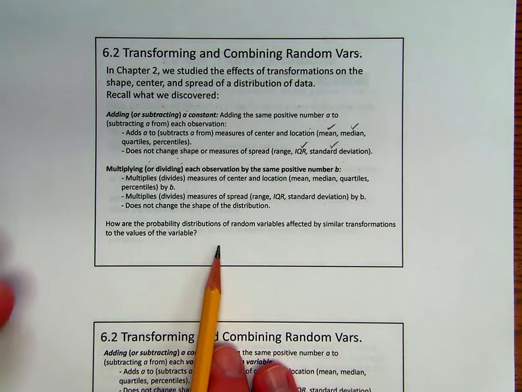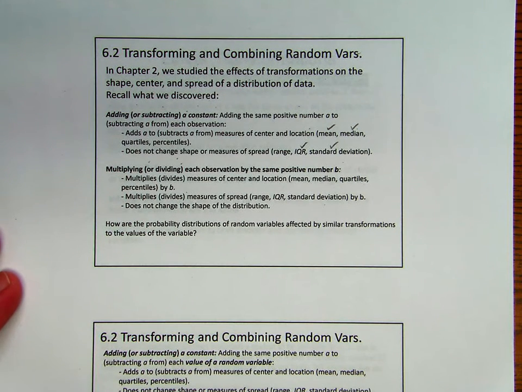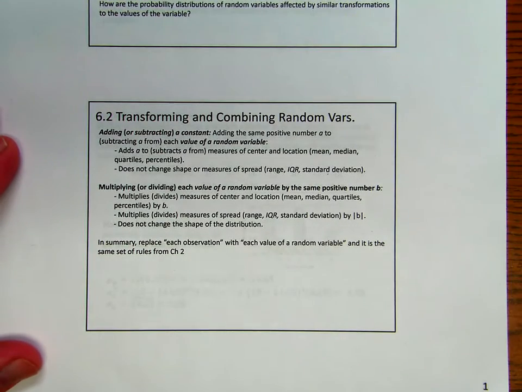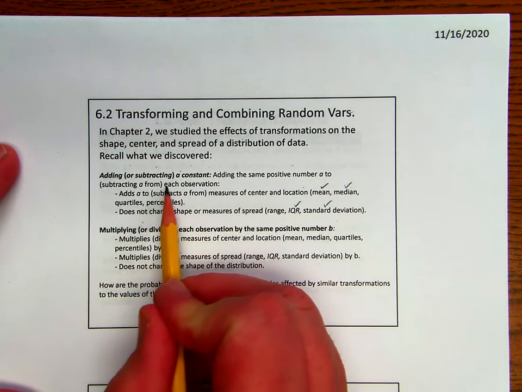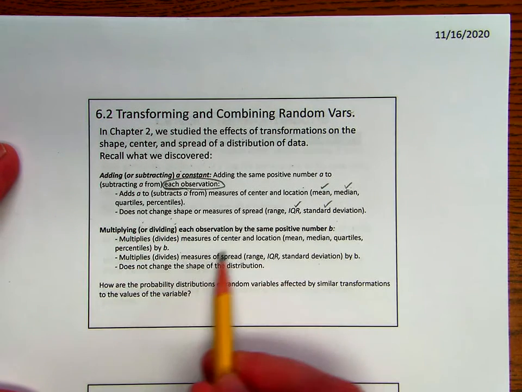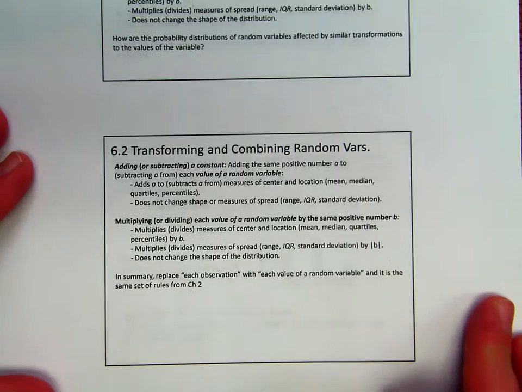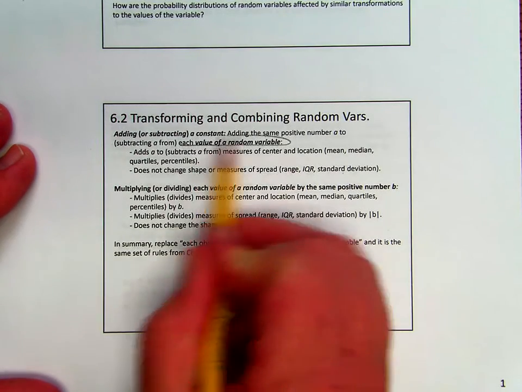Right. How are the probability distributions of random variables affected by similar transformations to the values of the variables? So this is how it appears in Chapter 6. Basically what's happening is, in this description, we're adding or subtracting to each observation, multiplying or dividing each observation. With a random variable, it's each value of a random variable.